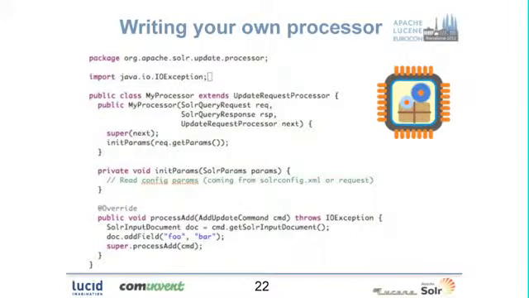I typically do that in a method, init params. And then you have the main method for manipulating documents. It's the process add command. The processor also has other methods like process delete, process commit, but most often you will need the process add. And in there you can get your Solr input document, and you can do whatever you want with it.